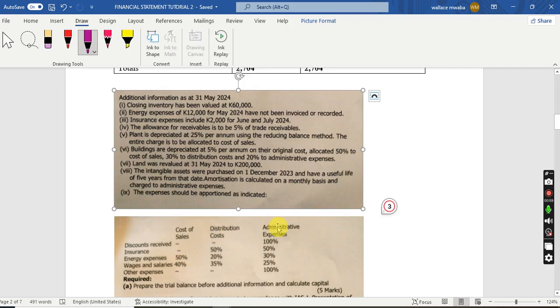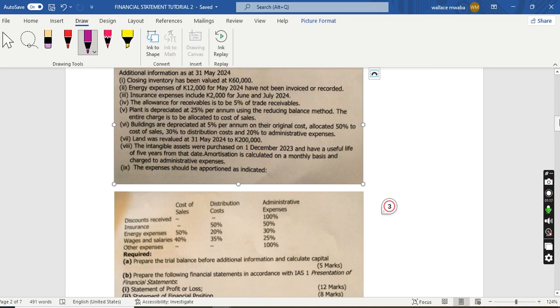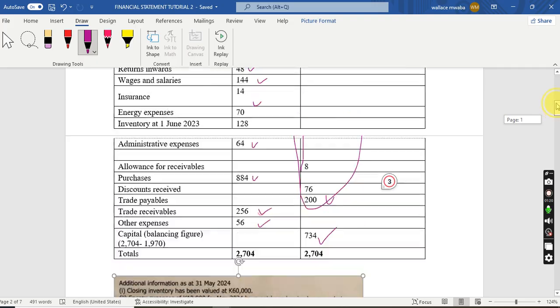The distribution and admin expenses are operational expenses and they'll be in the statement of profit or loss. So what is the first item that is going to go to our trading account, colleagues?